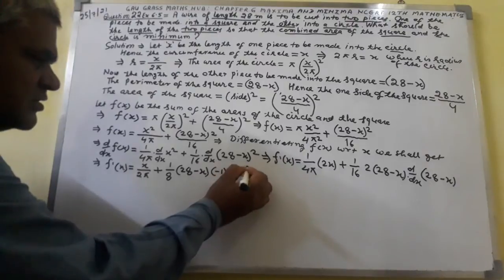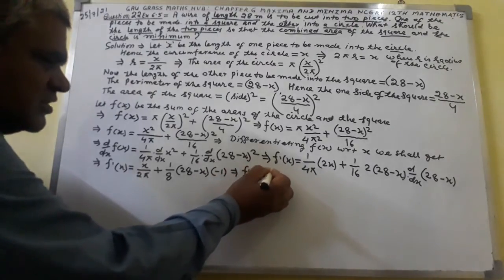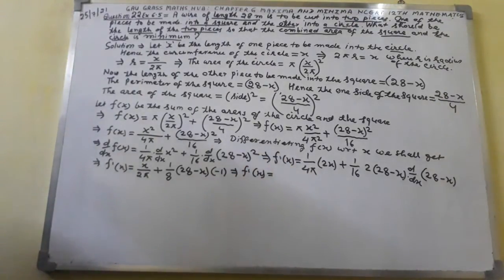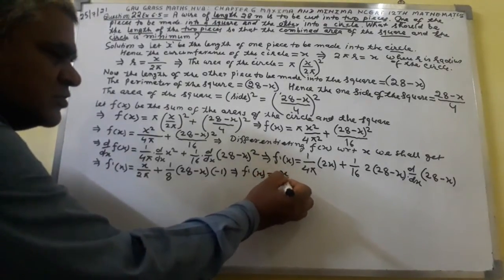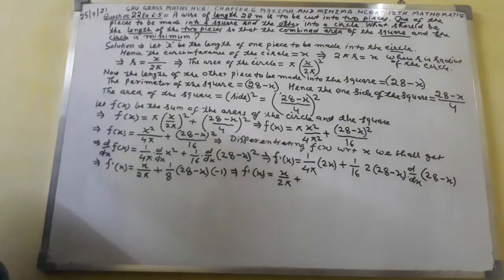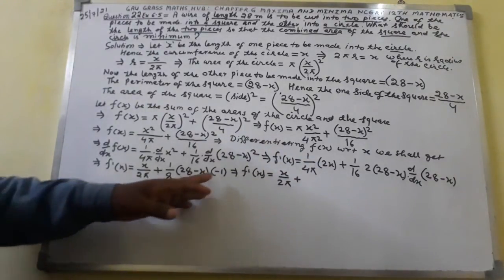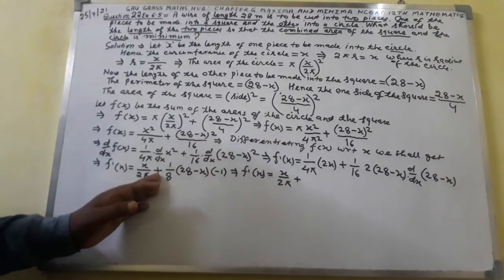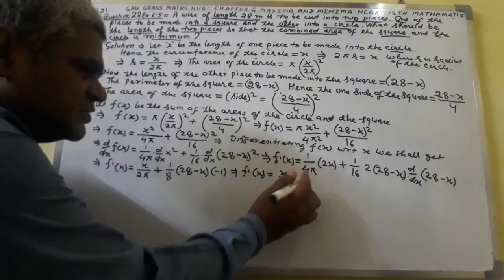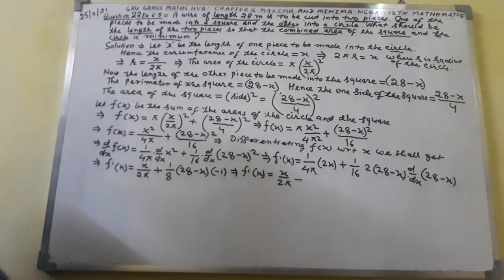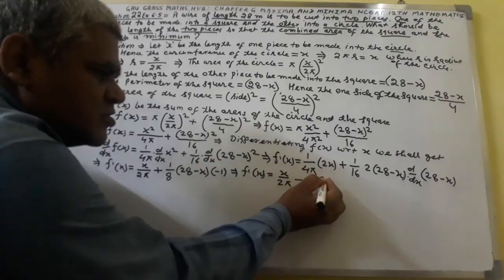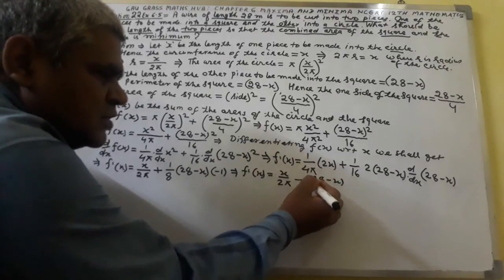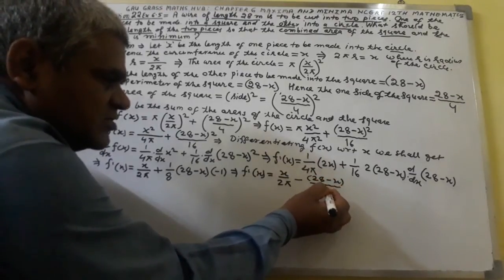This implies f dash of x is equal to x over 2 pi, plus minus 1 multiplied, so we will get minus 28 minus x over 8.